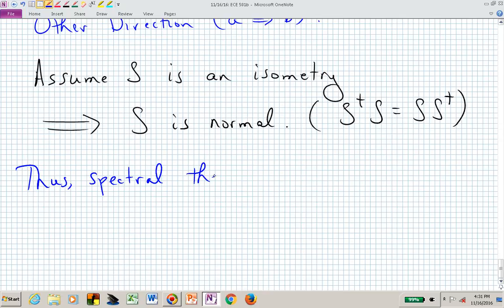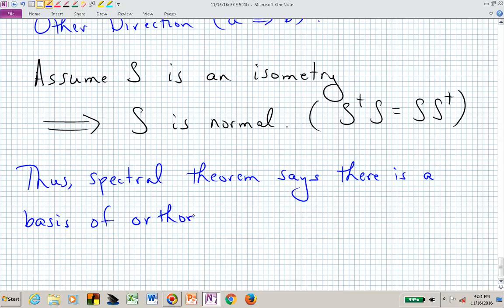The spectral theorem says there is a basis of orthonormal eigenvectors for that normal operator.